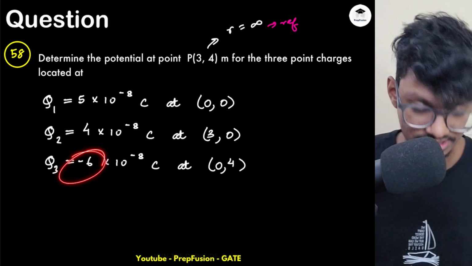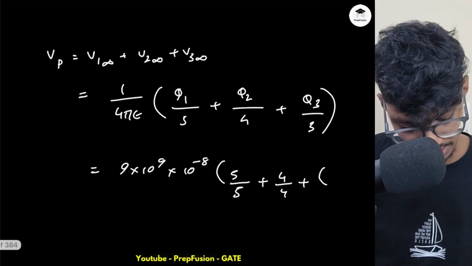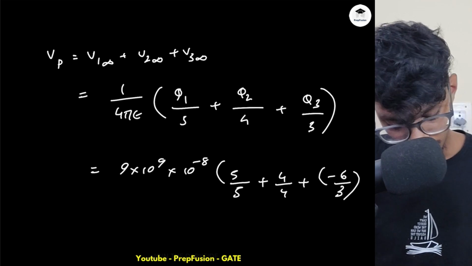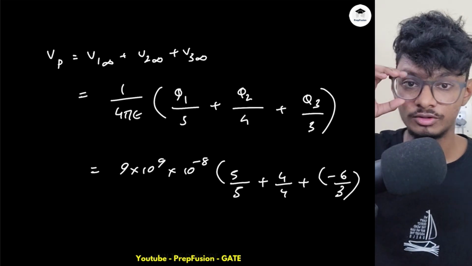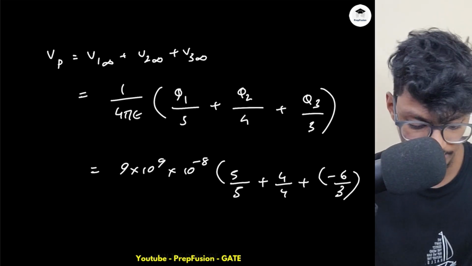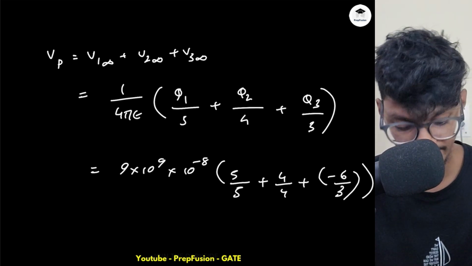So you have to write with sign, minus 6 by 3. So all the charges, whatever you write at the end, you have to write it with sign, because sign is not taken care of here. Sign you have to take care of later on, because all of it is assumed to be positive charges. If it is negative, I write negative charge here.